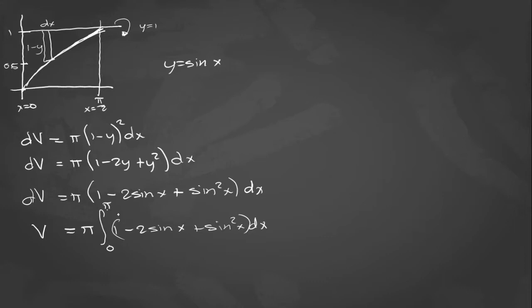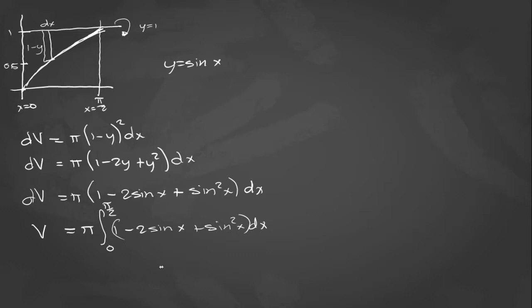Now, you may question why it is 0 to pi halves. Since we integrated in terms of x, we must look at the limits of integration with respect to x. In our graph, the region is bounded by x equal to 0, so the lower limit of integration is x equal to 0, and the upper limit is x equal to pi halves.